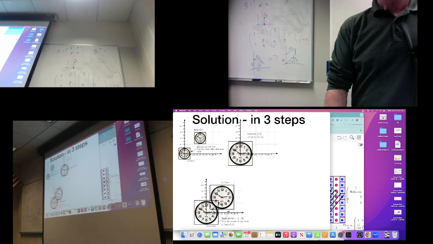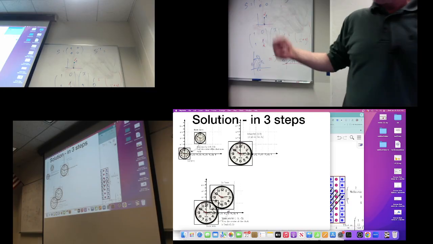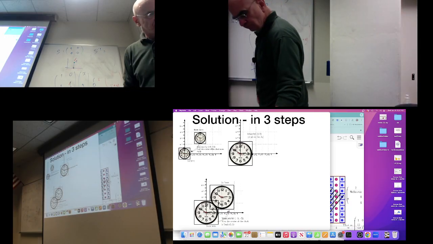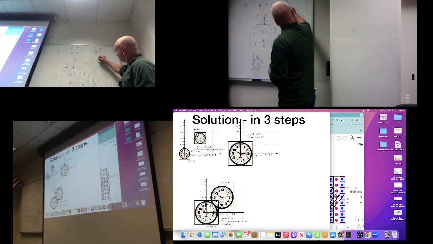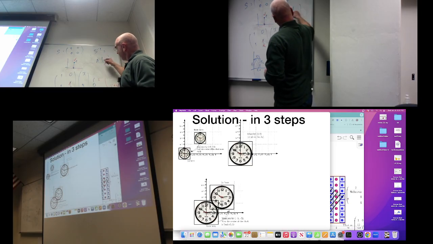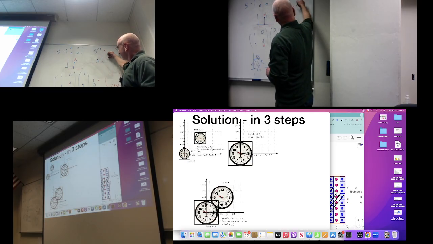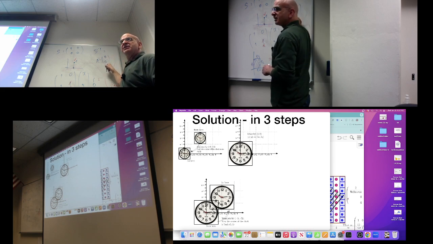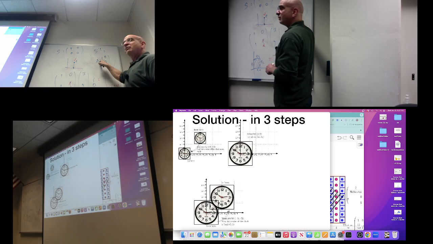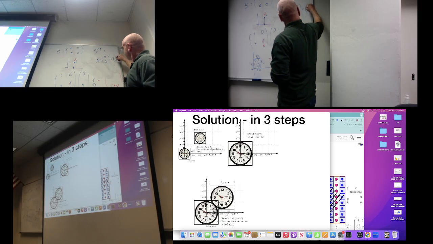Every matrix multiplication is a linear transformation. A multiplied by (x, y): what happens if (x, y) is 0, 0? No matter what my matrix A is, it still takes me into 0, 0.